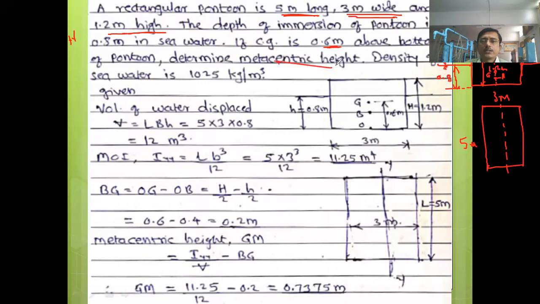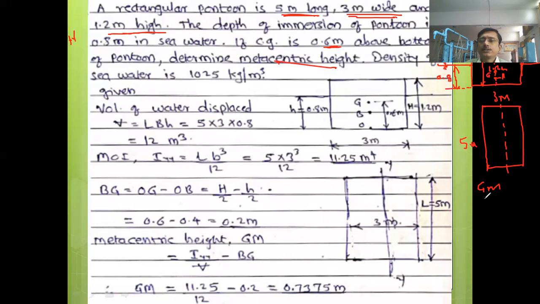Determine the metacentric height. We have to find out what is GM. M will be either above Z or it may be below Z. We don't know exactly where the location of M is. Okay, so we have to find out what that distance is.